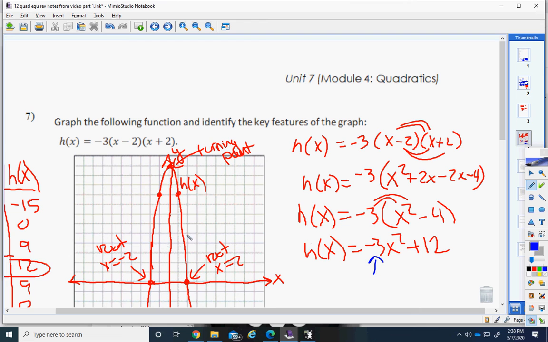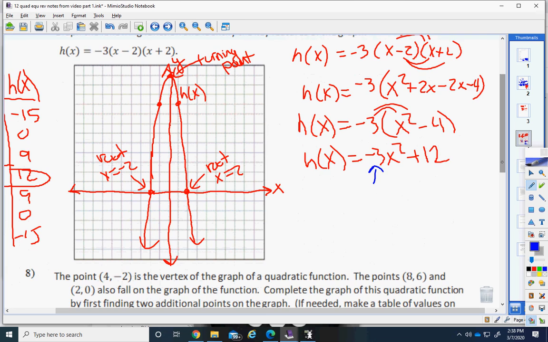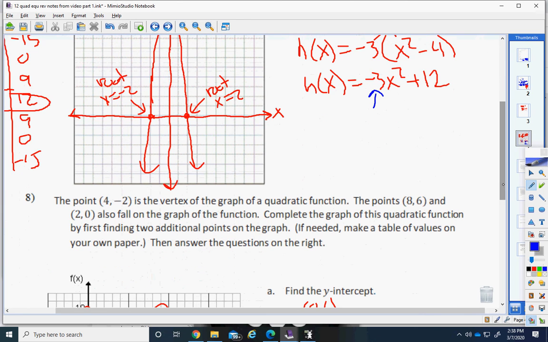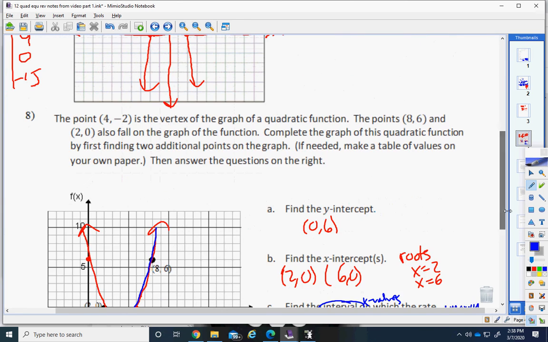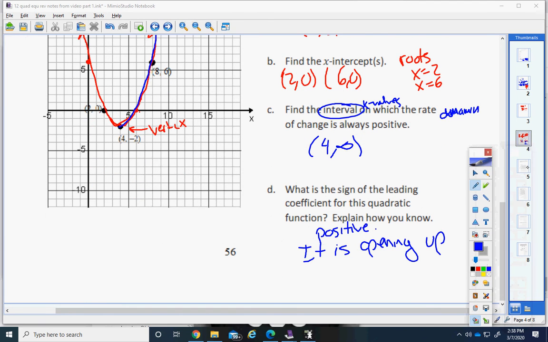So this is a fairly narrow parabola. If it was a fraction between 0 and 1, the parabola would be wide. So the more narrow it is, the larger the number is. It's greater than 1. Next page.